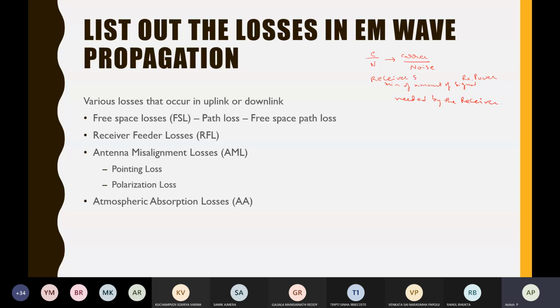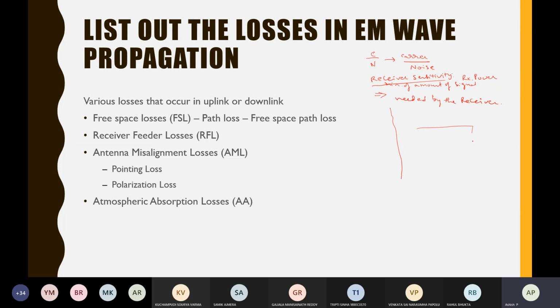Each receiver has its own sensitivity. If the received power is below that, the receiver cannot perceive anything. It cannot receive or demodulate anything. So this is the minimum amount of signal power which has to reach the receiver. Over and above this, how much do you have to transmit at the transmitter?